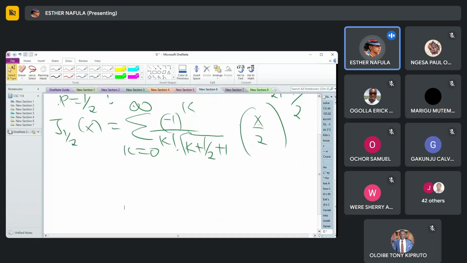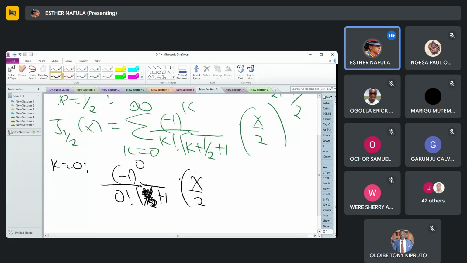I think I can write down k equals 0. We will have minus 1 raised to power 0 divided by 0 factorial, gamma of 0 plus a half plus 1, which is gamma of 3 over 2. Okay, let's just write gamma of a half plus 1, times x over 2 raised to 2k plus a half, 2 times 0 plus a half.